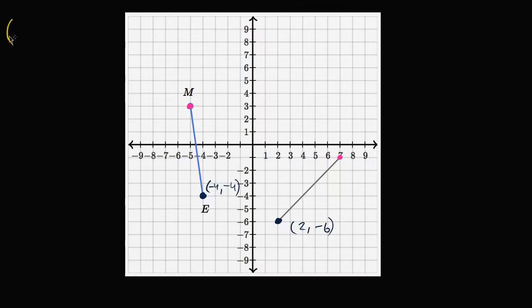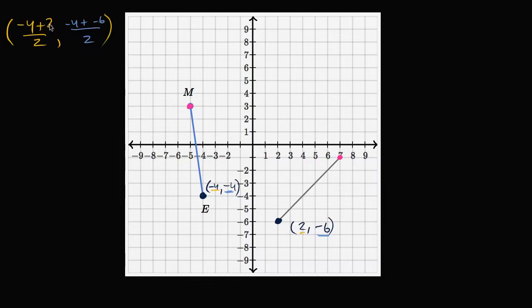So if I take the average of the x's, it's going to be -4 plus 2 over 2. That's the average of the x's. And then the average of the y's is going to be -4 plus -6 over 2. And then close the parentheses.